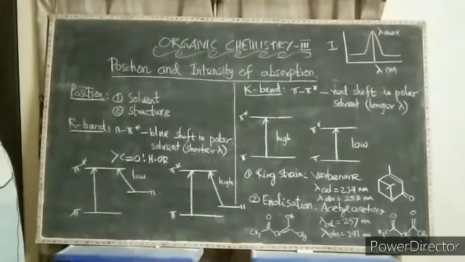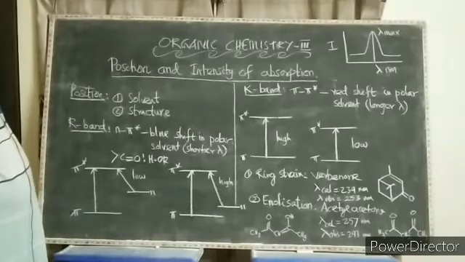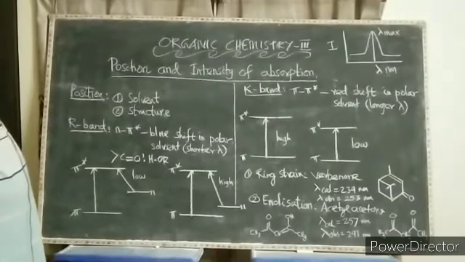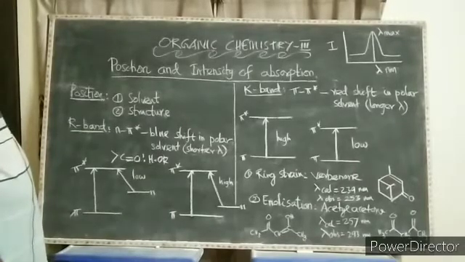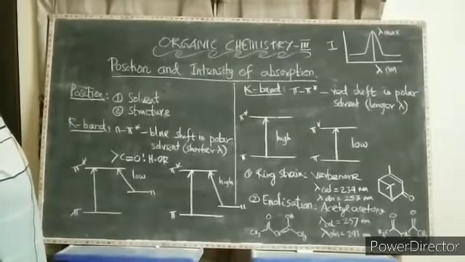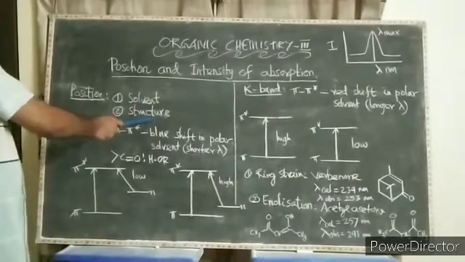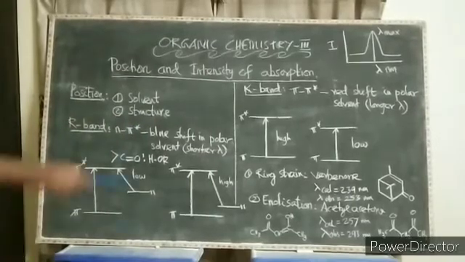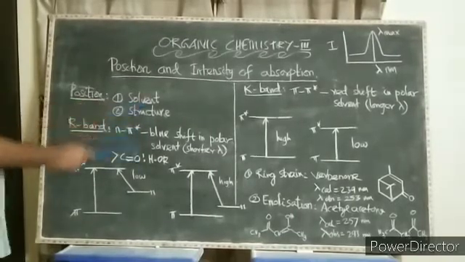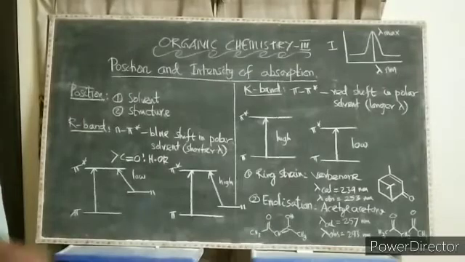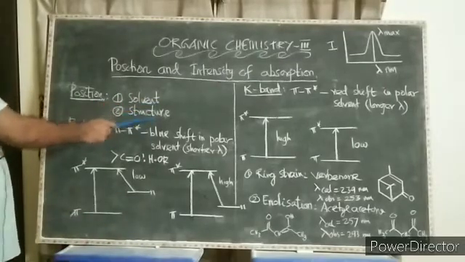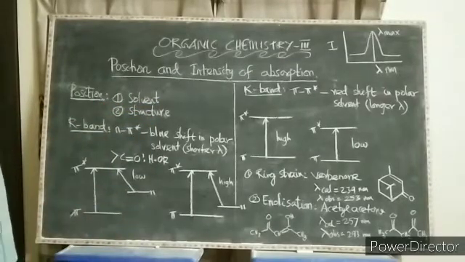Now, let us come to the position of the absorption bands. The position of the absorption bands is influenced by the solvent in which the sample has been dissolved, and also by the structure of the sample. So, the first factor that affects the position of absorption is solvent, and the second factor is the structure of the sample.